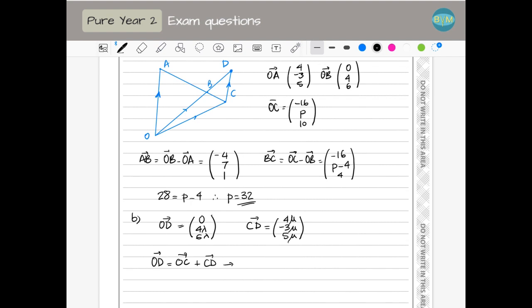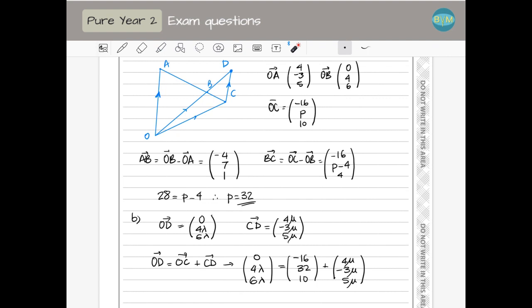So OD, which is (0, 4 lambda, 6 lambda), is going to be OC, which is (-16, 32, 10), since I know the value of P, plus CD, which is (4 mu, -3 mu, 5 mu).